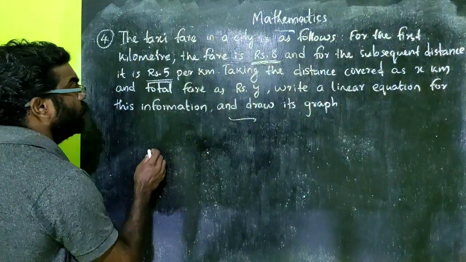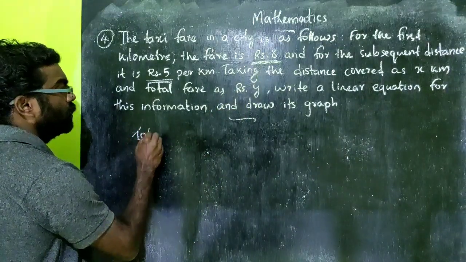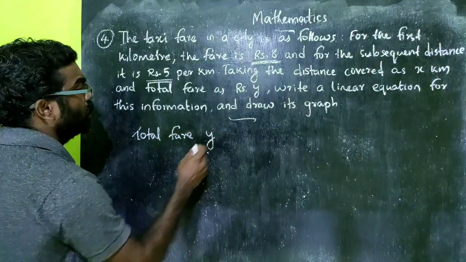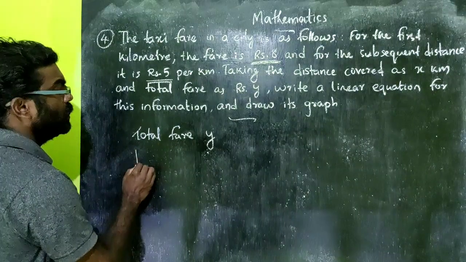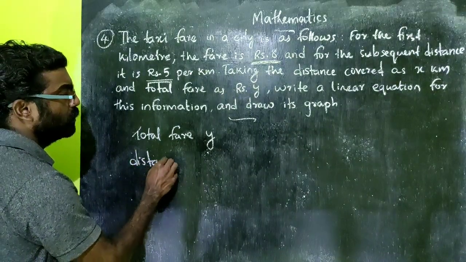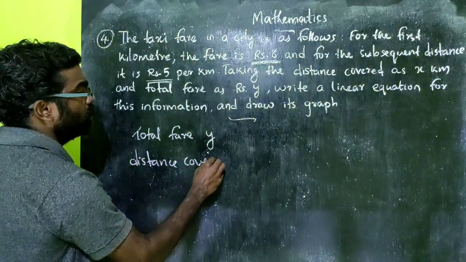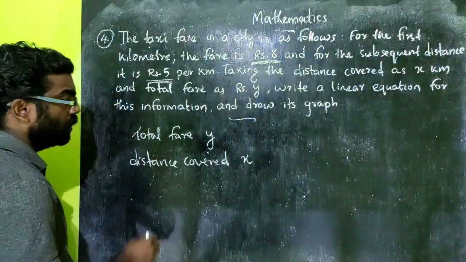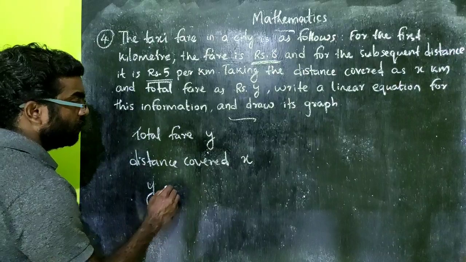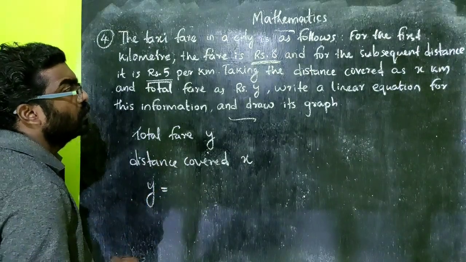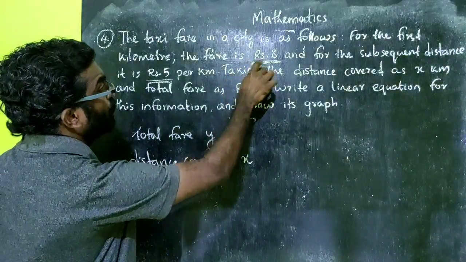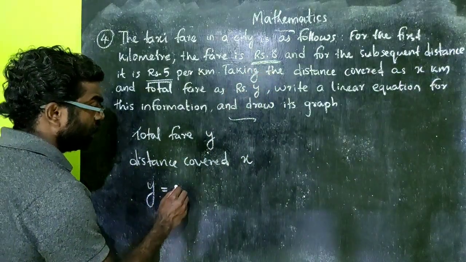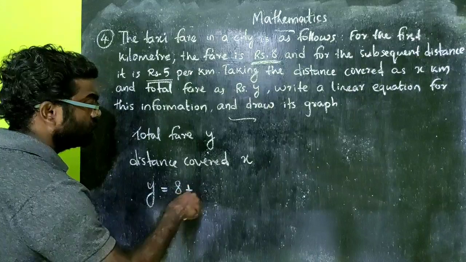So here the total fare is given as y and the distance covered is x. So we can write the total fare y is equal to, for the first kilometer the fare is rupees 8, so we can write 8 plus.